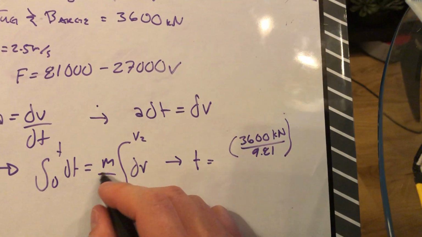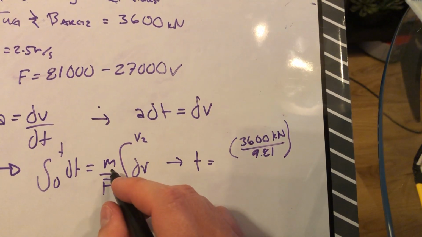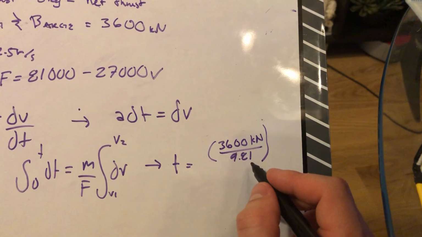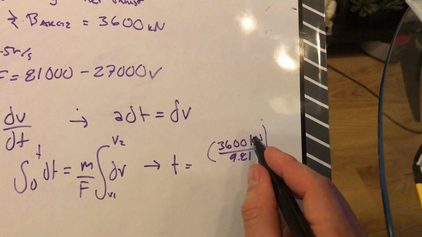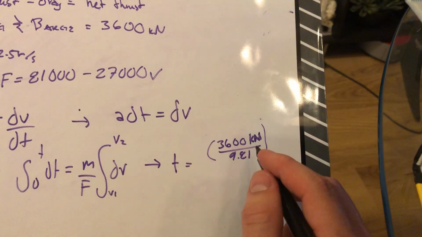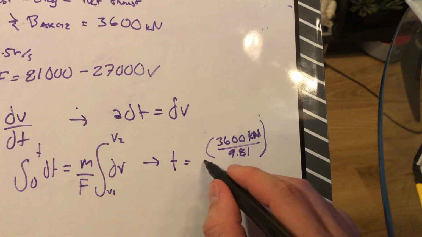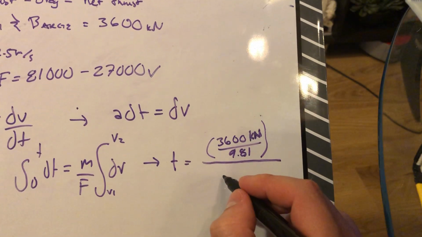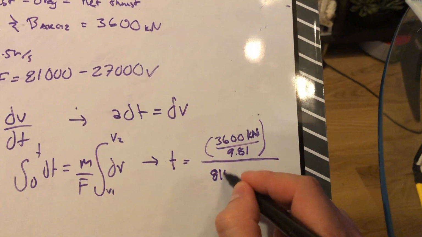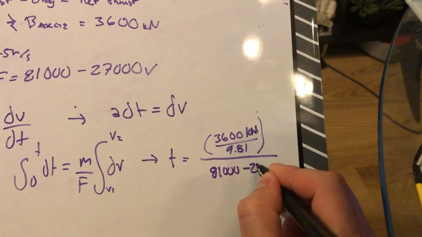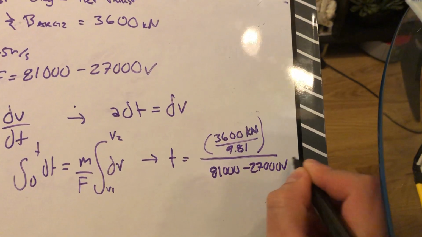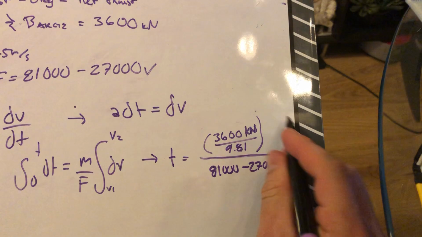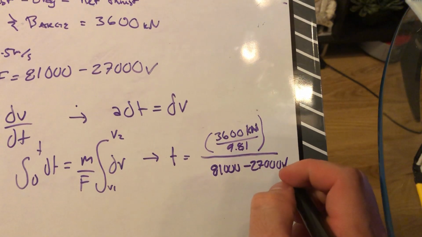That's how we get the mass of the tug and the barge, because it's given to us in newtons. So if we divide by the force of gravity, it'll give us its mass. And then we have our term here, and we still have the integral from v1 to v2.